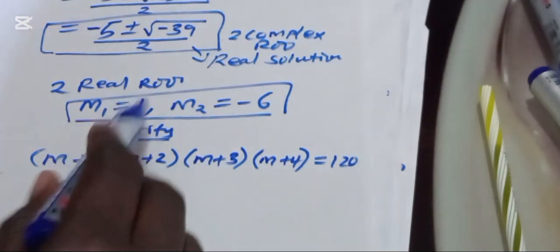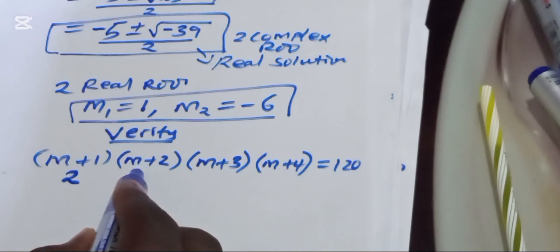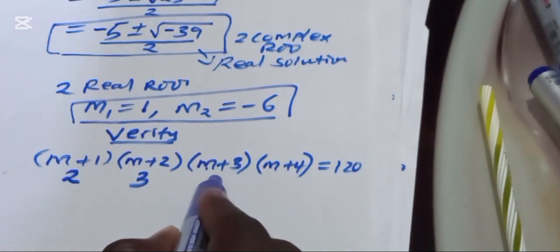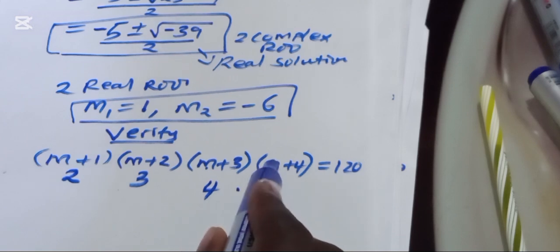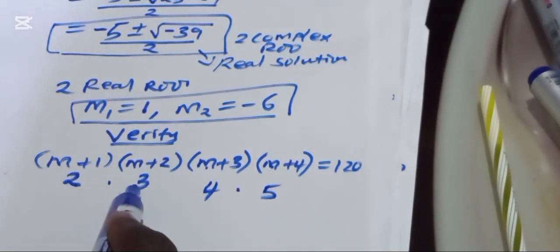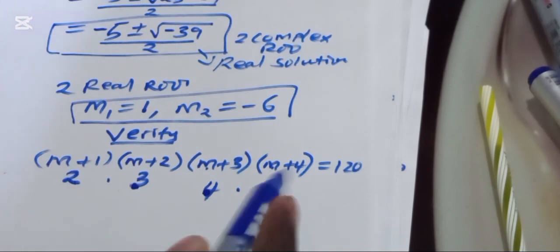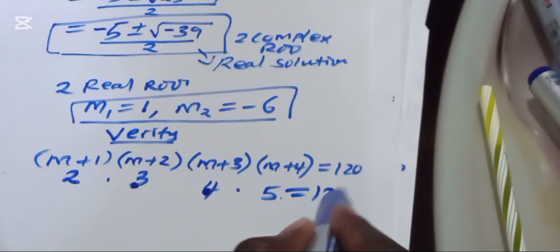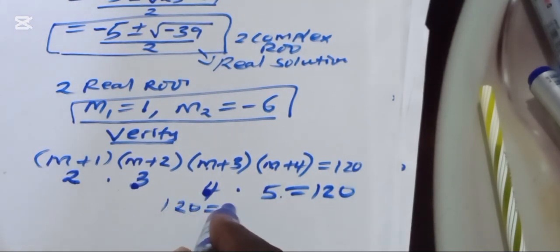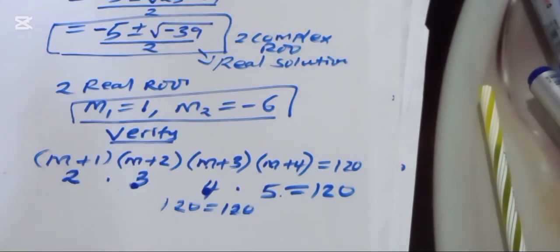This is 1 plus 1, which is 2, 1 plus 2 is 3, 1 plus 3 is 4, and lastly 1 plus 4 is 5. So we'll have 2 times 3 is 6, 6 times 4 is 24, 24 times 5 is 120. So the left hand side is equal to the right hand side.